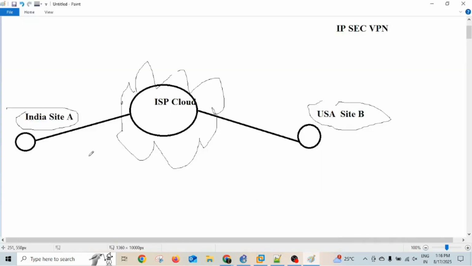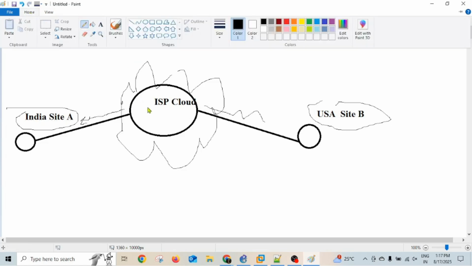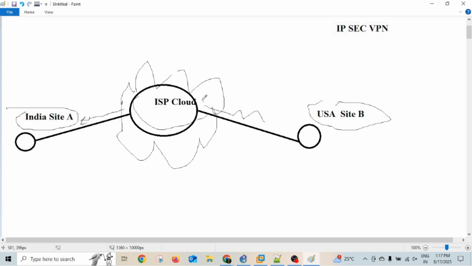So IPsec VPN stands for Internet Protocol Security. It provides security over the internet privately. Here, this is my ISP.